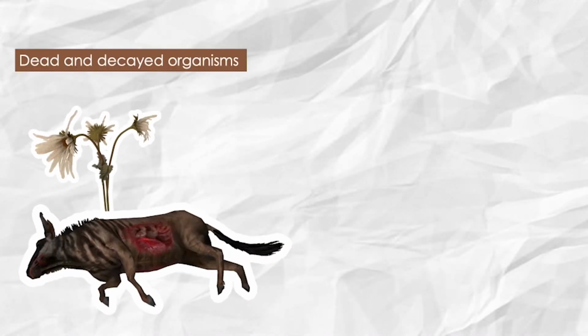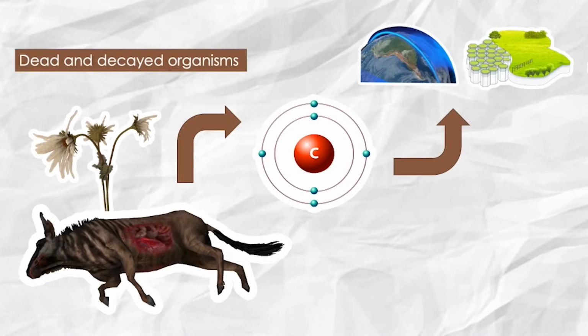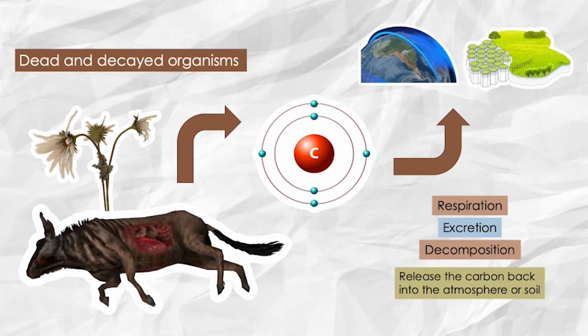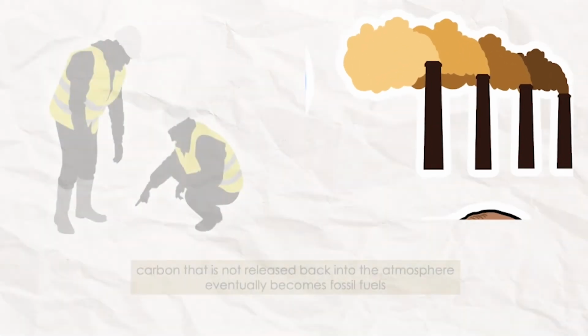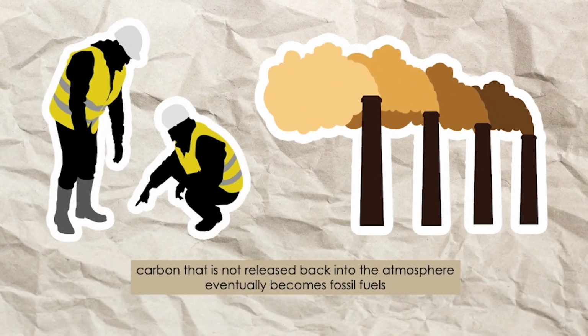These animals and plants eventually die, and upon decomposing, carbon is released back into the atmosphere. Respiration, excretion, and decomposition release the carbon back into the atmosphere or soil, continuing the cycle. Some of the carbon that is not released back into the atmosphere eventually becomes fossil fuels. These fossil fuels are then used for man-made activities, which pumps more carbon back into the atmosphere.